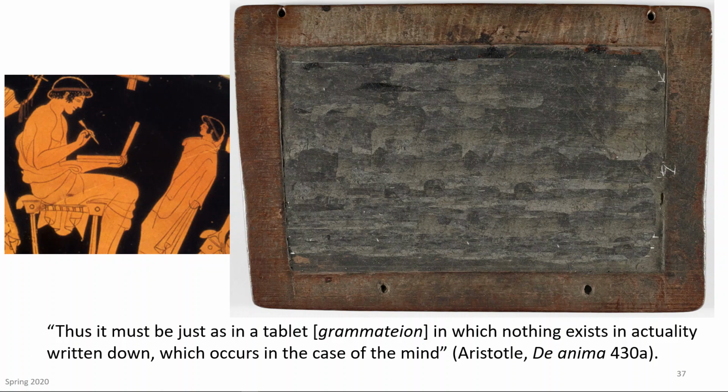Aristotle says in De Anima, "Thus it must be just as in a tablet, in which nothing exists in actuality written down, which occurs in the case of the mind." So at least Aristotle has this idea that the mind has a certain kind of potentiality onto which letters can be scratched, in this case for the wax tablet.